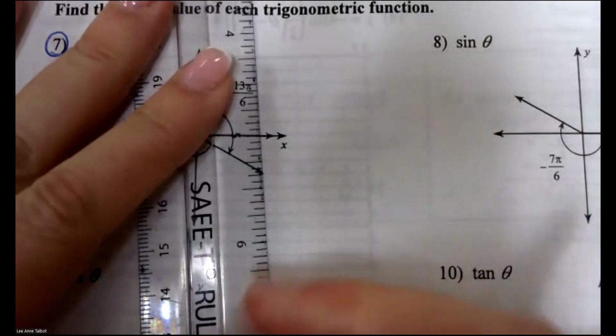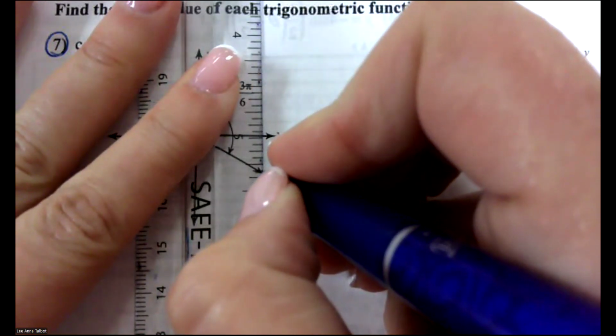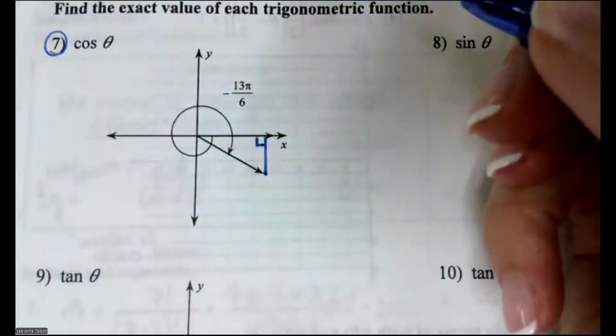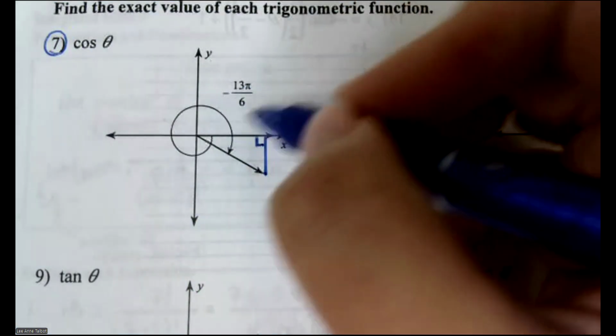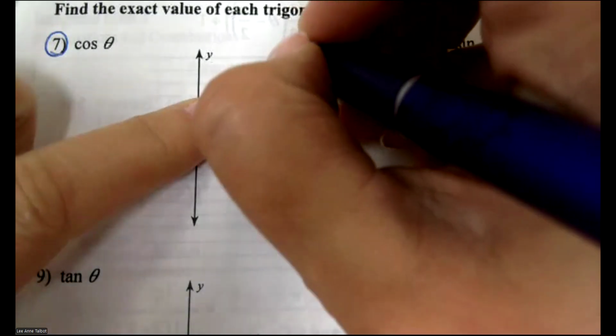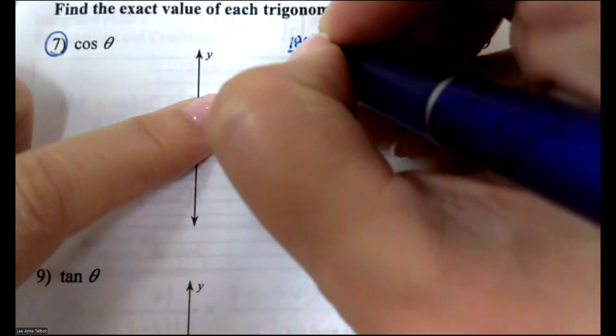Okay, so exact value. Put the triangle to the x-axis, and then you don't worry about this angle really. You just say, does it look like a 30, 60, 90 or a 45, 45, 90? If you're nervous, you could go 180 divided by 6 is 30.